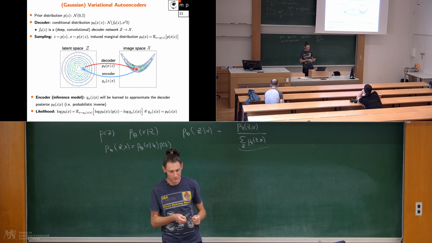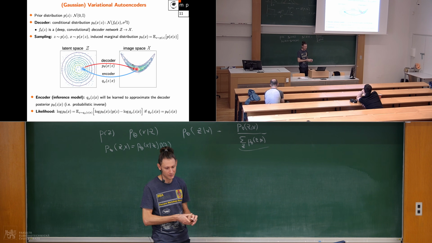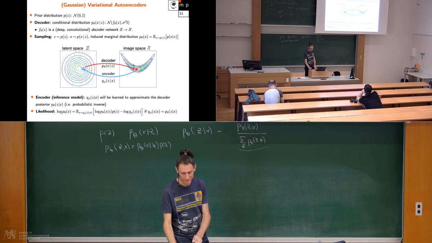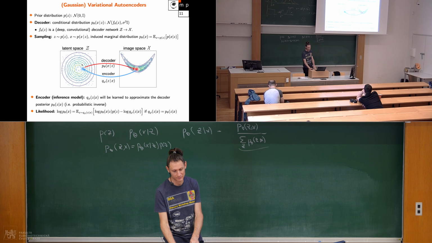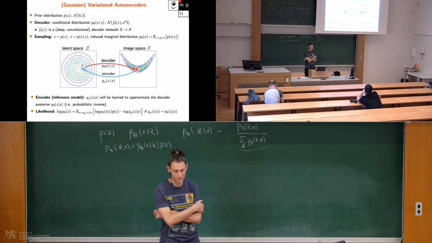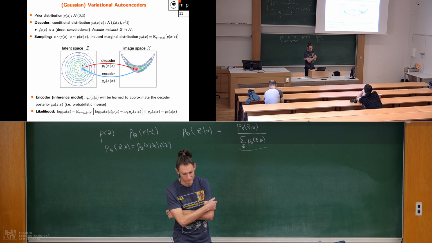And now suppose you have it. Suppose we have such an encoder, or inference model, that for a given image tells what is the distribution in the latent space of codes that could have generated this image.